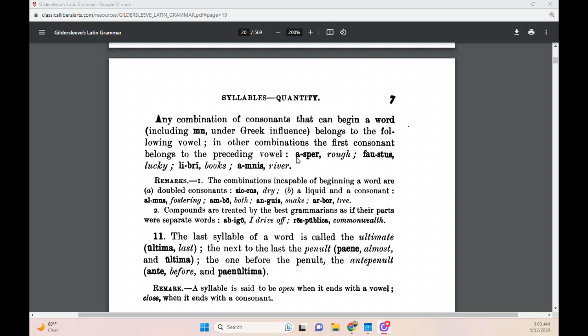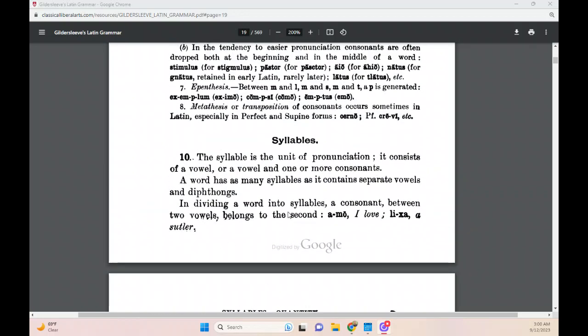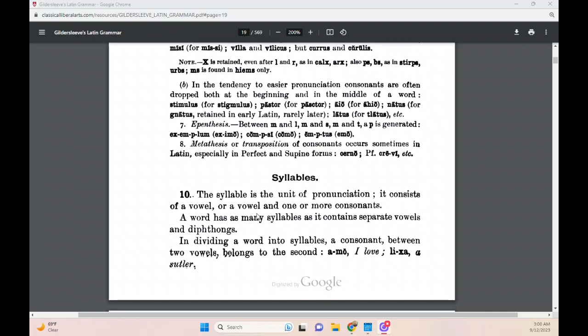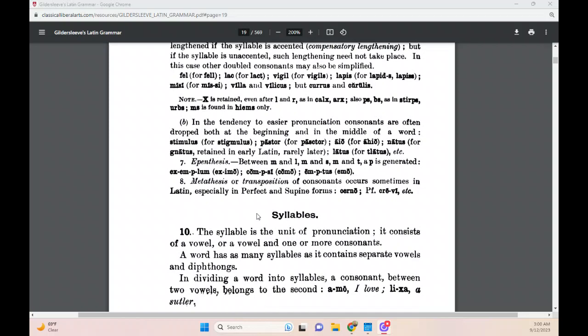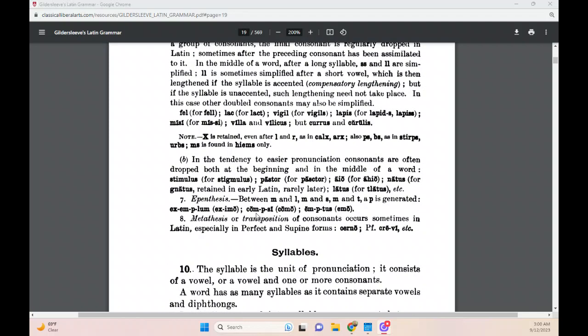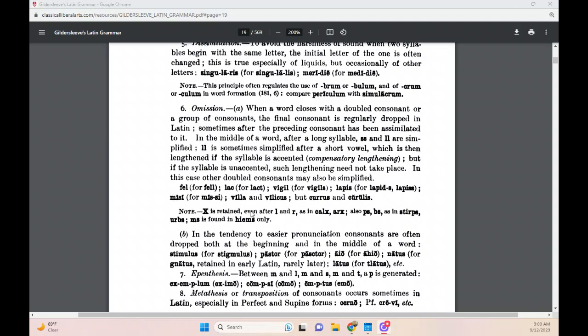So let's look at some examples. Let's go find a few examples. Here's a good example. We have the noun villa. We have two consonants together between the I and the A, but these are not a pair of consonants that can begin a word.